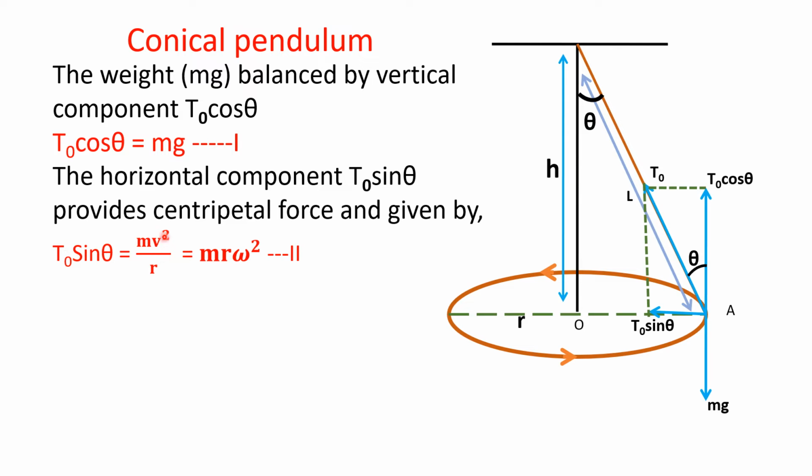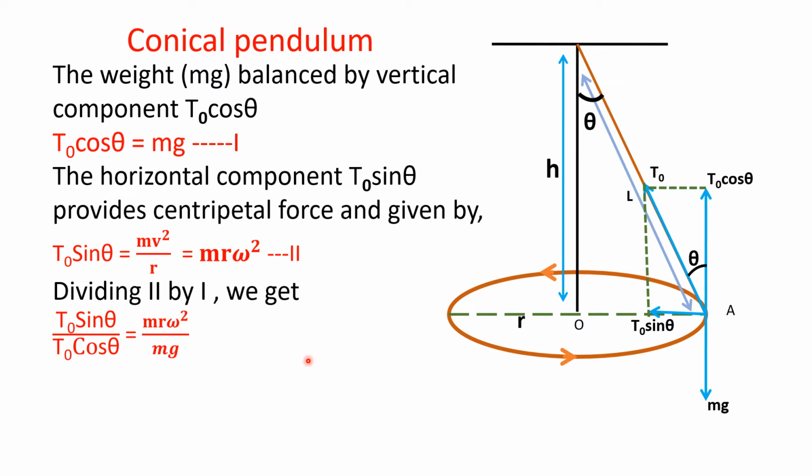In this equation, if we substitute v is equal to r omega, we can write equation 2 as T0 sin theta is equal to m r omega squared. Now we divide equation 2 by 1. We can write T0 sin theta upon T0 cos theta is equal to m r omega squared upon mg.